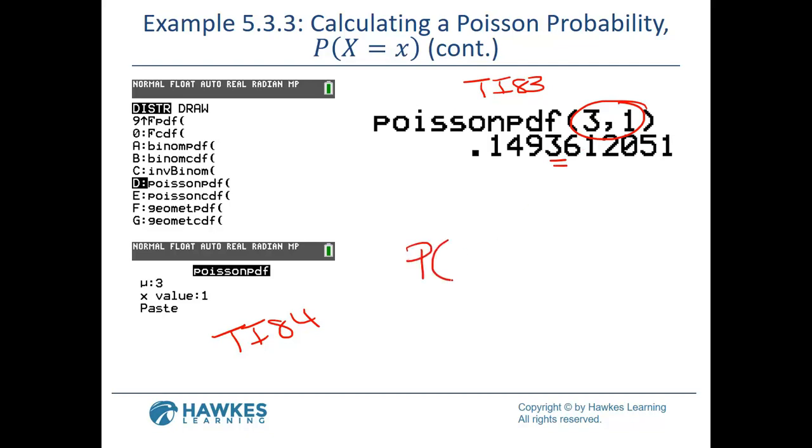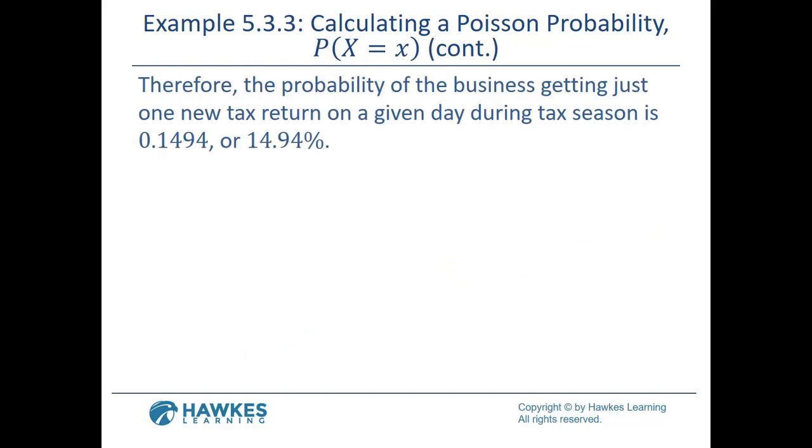The probability that our variable X equals exactly 1 is approximately 0.1494. I'm putting the 0 in front so I know that it is a decimal. You'll notice I have a squiggly equal, which means I rounded that answer. Therefore, the probability that this business gets one new tax return on any given day is really only 14.94%.